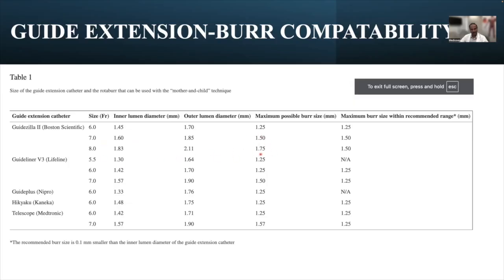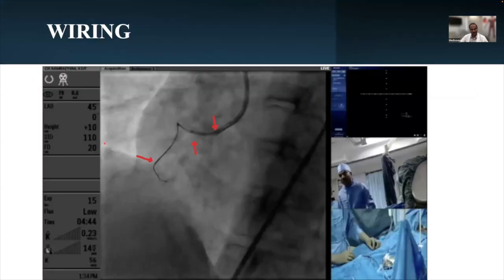If you want to take 1.75, you need 8 French GuideZilla. In this case, we used 7 French because our plan was just to create a space for IVL balloon subsequently. So it's a kind of rotatripsy, not predominantly just rotablation.